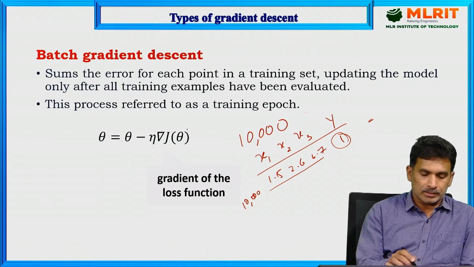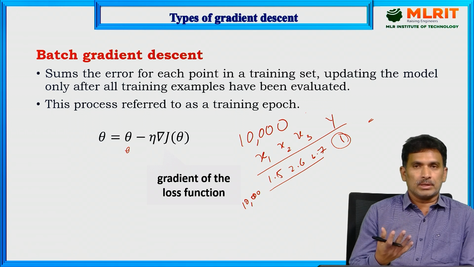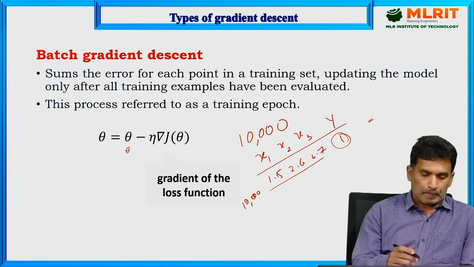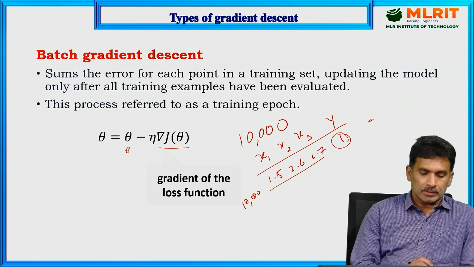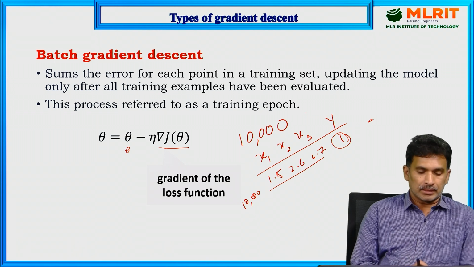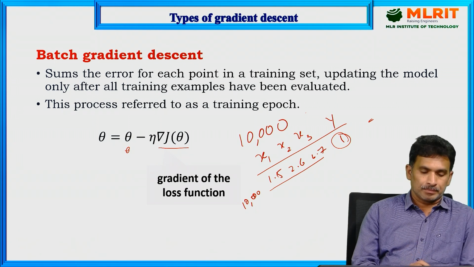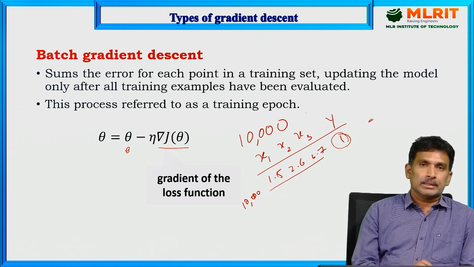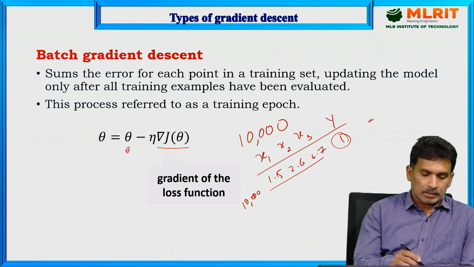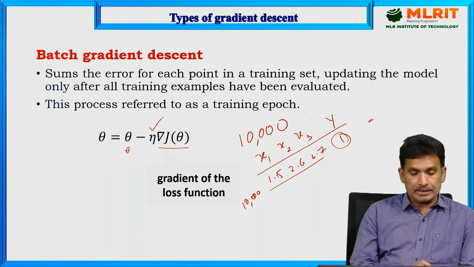Here you can see a parameter theta that needs to be tuned, and this is the gradient, the change of the loss function with respect to theta, and this is the learning rate.